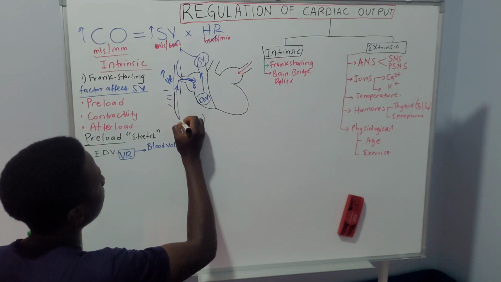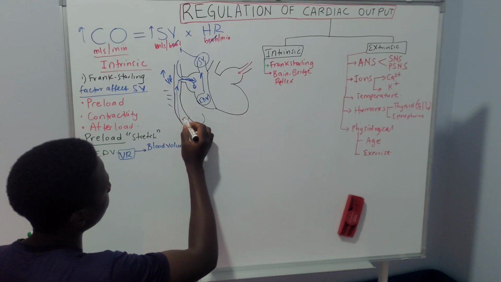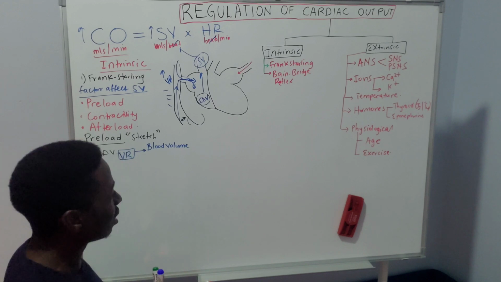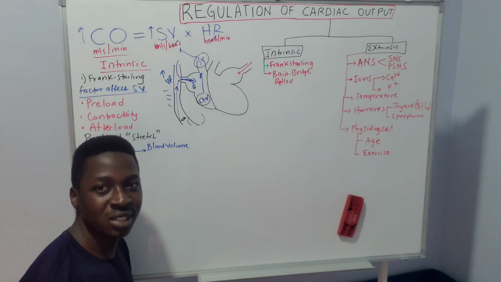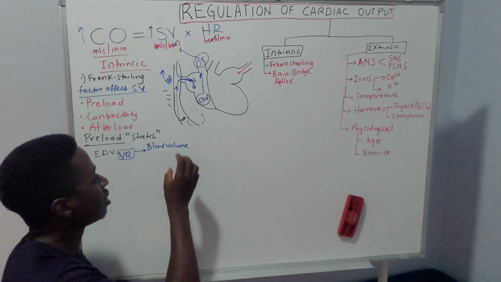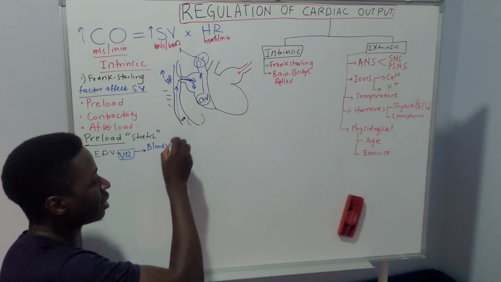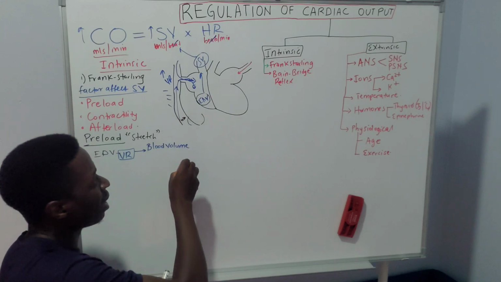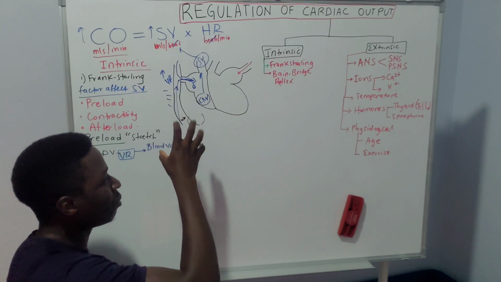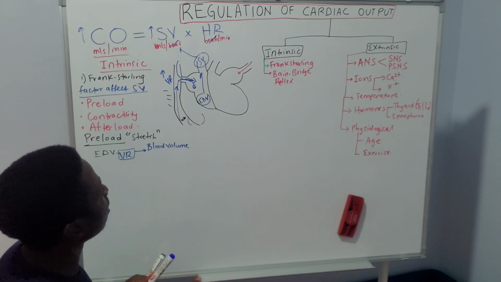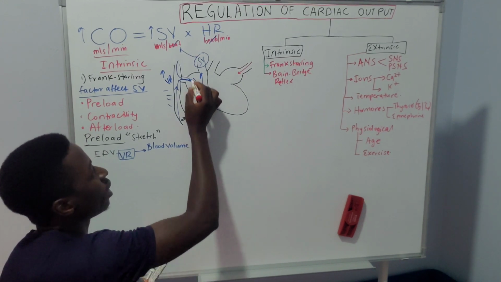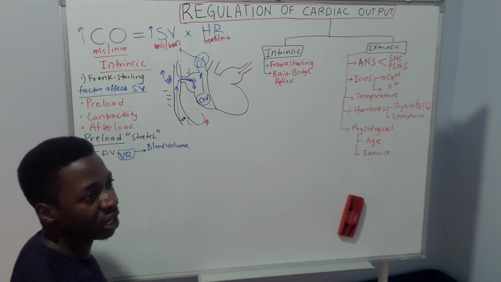The volume of blood that is within this venous system will largely affect how much blood will return to the heart. So in cases, if you give a patient a transfusion, this implies that you're increasing the volume of blood. When you increase the volume of blood, this increase will actually exert a bigger pressure. So there's usually, remember, blood flow will move from a higher pressure to an area of lower pressure, okay?